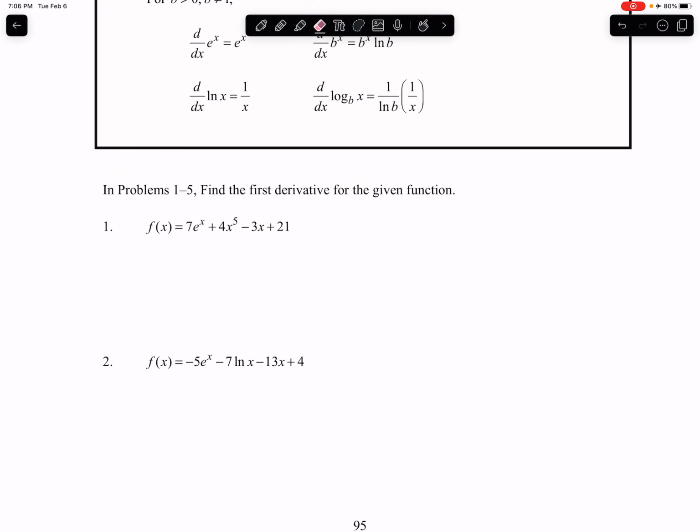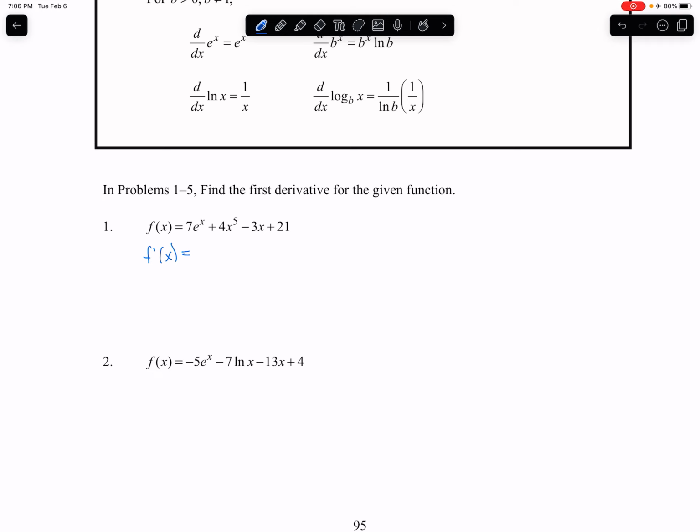Number 1, find the first derivative. F of x equals 7 e to the x plus 4x to the fifth minus 3x plus 21. So we'll start by writing f prime. We're taking the first derivative.